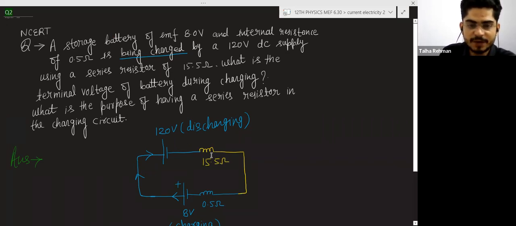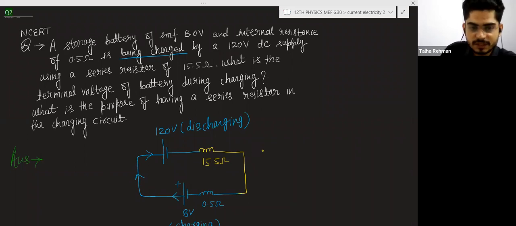This 15.5 ohm is in series with this battery and with this resistance also. If this is discharging, then the direction of current is from negative to positive. See, the direction of current is from negative to positive.